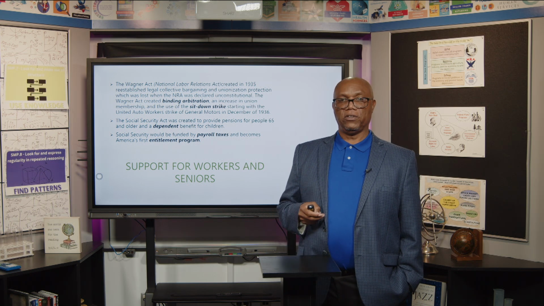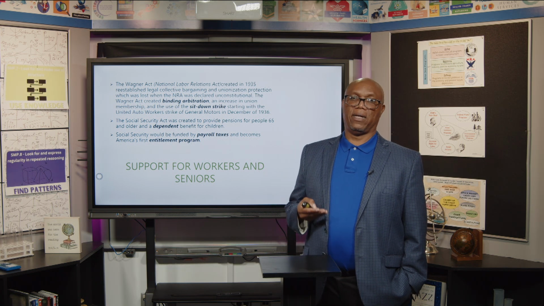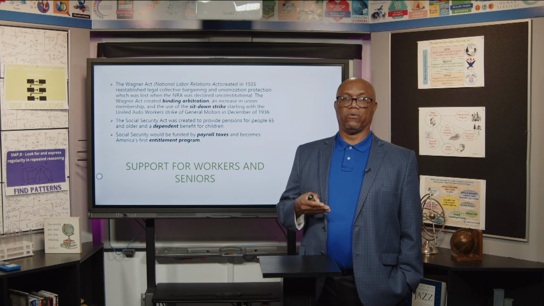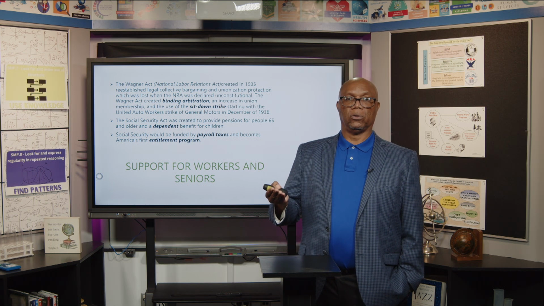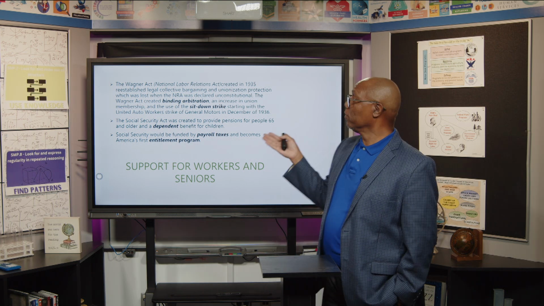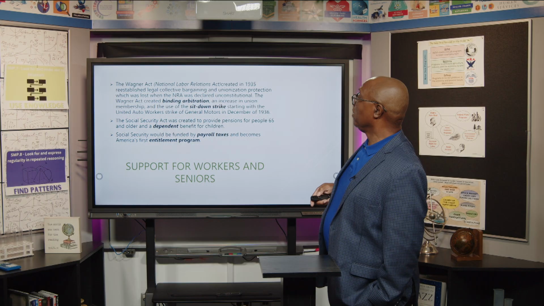During the first New Deal, it had some success. But because the Supreme Court comes out against it and declares it unconstitutional, Roosevelt has to come up with a plan to pick up for his shortcomings. And that's where he passes the National Labor Relations Act, which we commonly call the Wagner Act today.